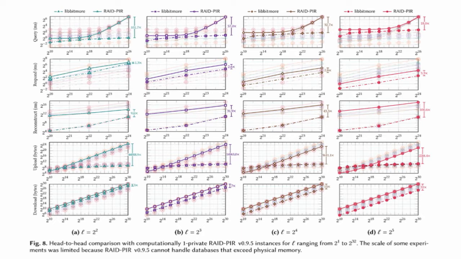This is the upload cost. There's a huge difference there. Ours is logarithmic versus their linear. And then the download cost, and they don't actually look as big as they could because of the log-log plots. These are all log-log plots, so even a small difference means quite a bit. So that 1.3x speedup we saw for respond was the worst we do in comparison.